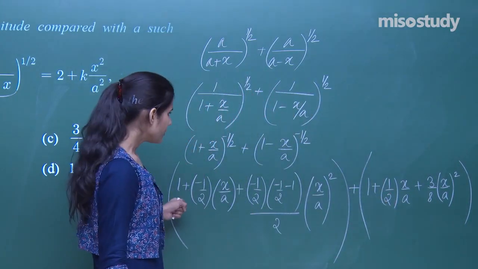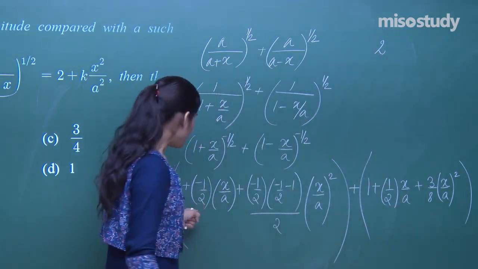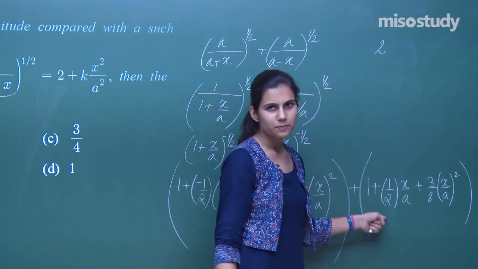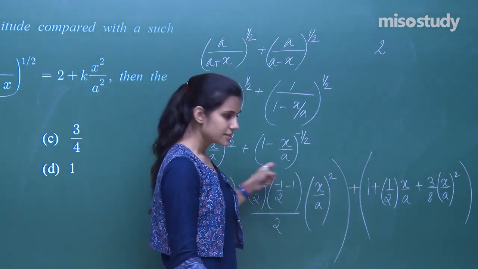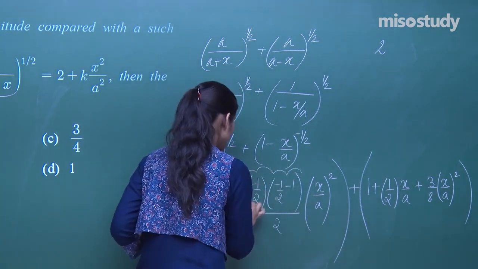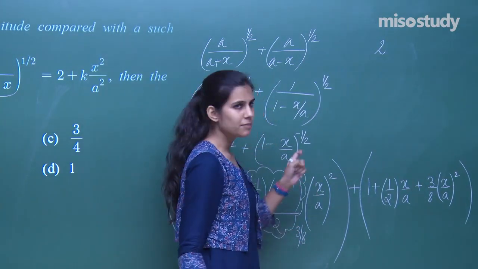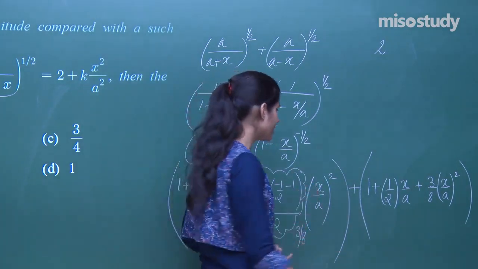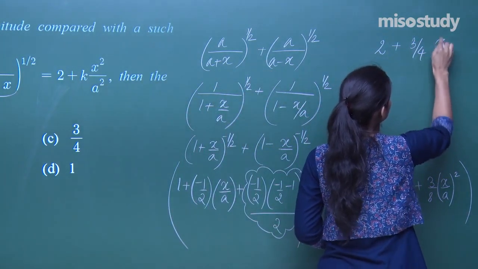Fine. So you can see when you add, you get 1 plus 1, that is 2. Minus 1 by 2 x by a plus 1 by 2 x by a gets cancelled. This is 3 by 8, and this is 3 by 8 completely, we just evaluated. So 3 by 8 plus 3 by 8 is 6 by 8, which is 3 by 4. So you get 3 by 4 times x by a whole square.